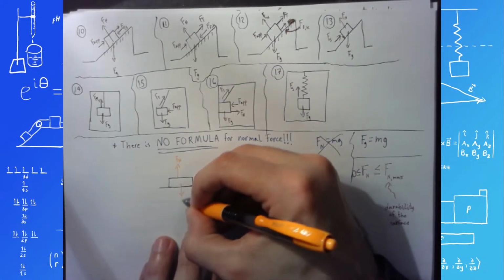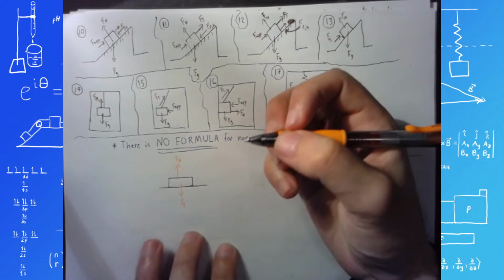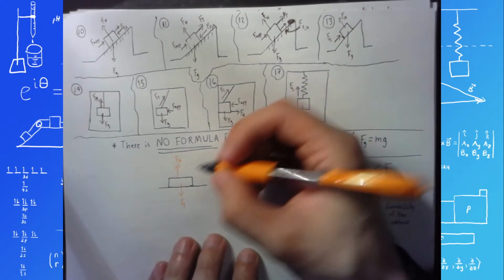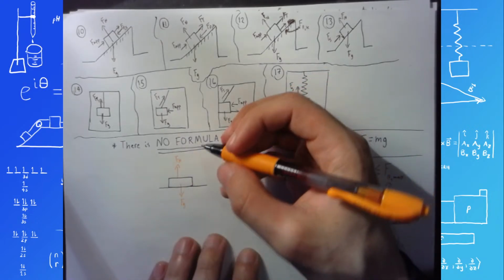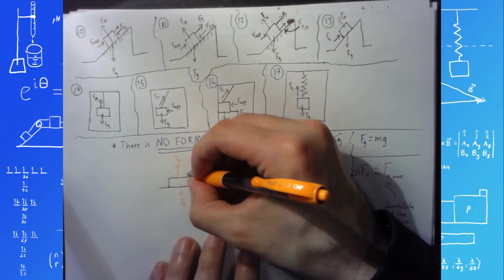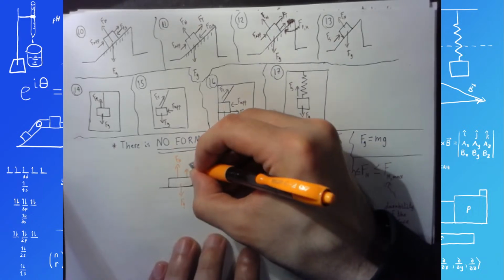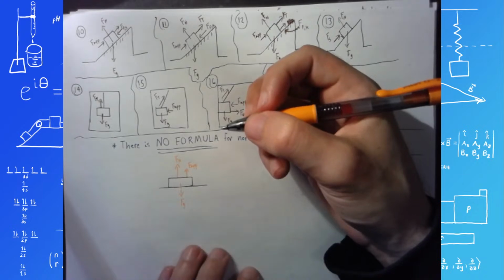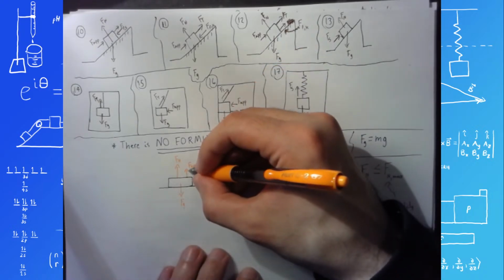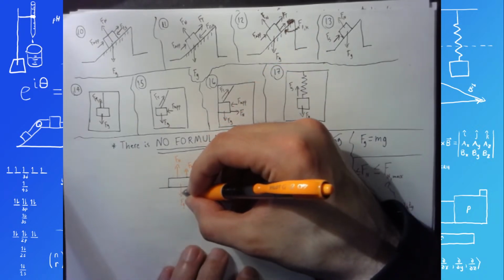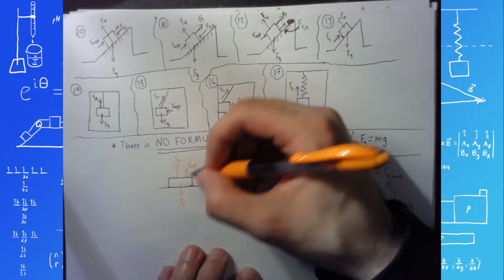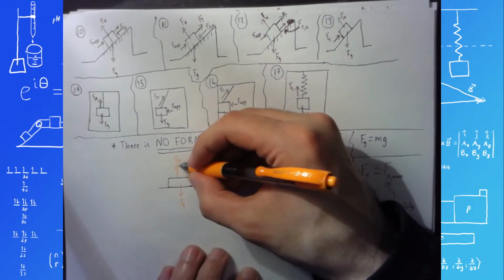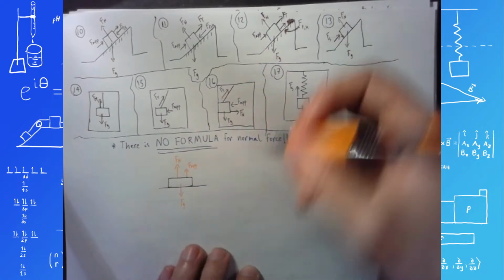The weight of the book has to be downward. And then I can either apply a force upward or downward. Let's say upward, for example. Let's say some other person comes in and applies a little bit of force upward, not enough to counter the full weight of the book, but enough that I experience a lower normal force.